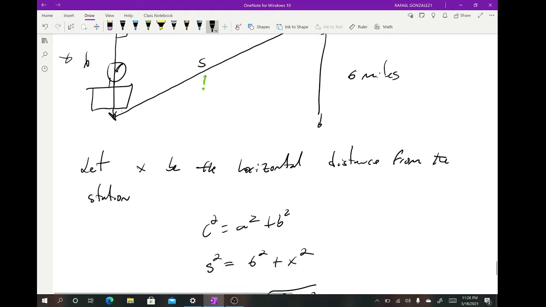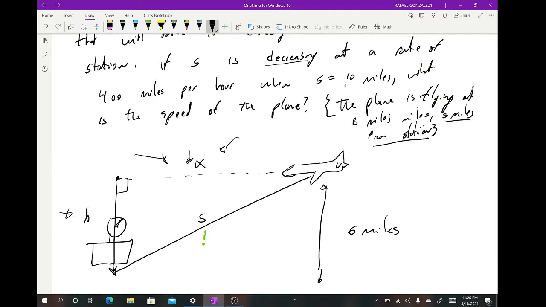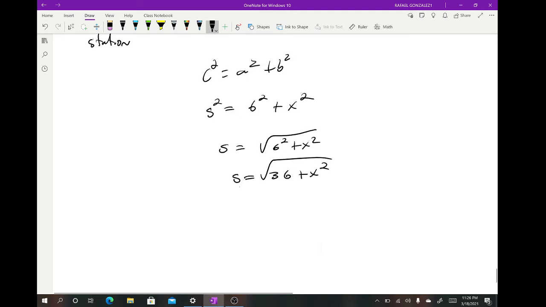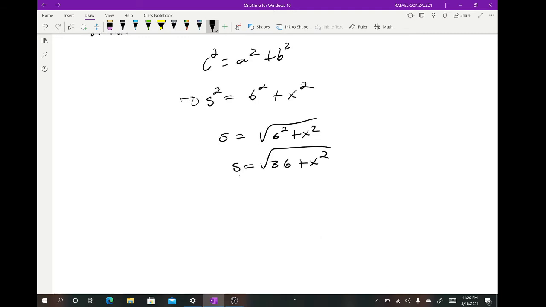Now, here I was told that S is equal to 10. So if S is equal to 10, we have 10 squared equals 36 plus x squared.